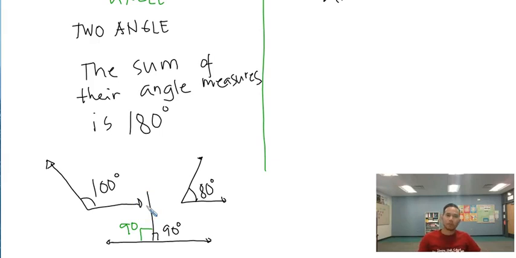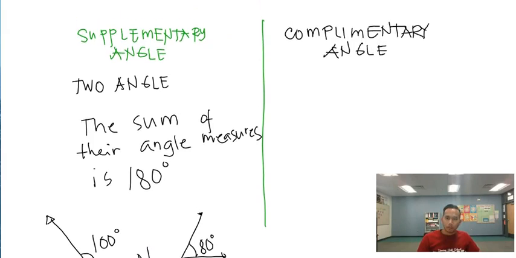All right. Now, your complementary angles, the difference. With complementary, when you add the measurements of the two angles, the sum of their angle measures is 90 degrees.